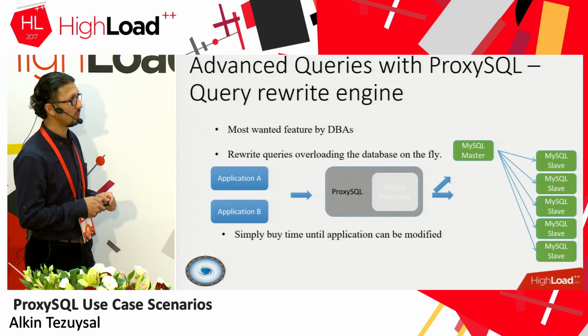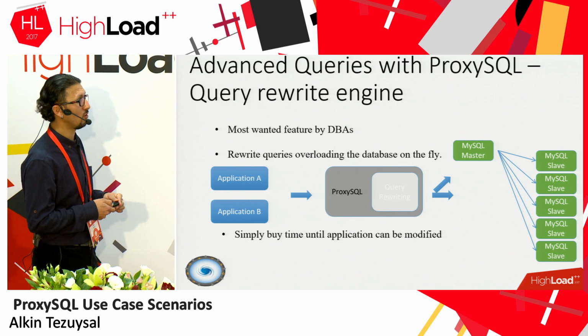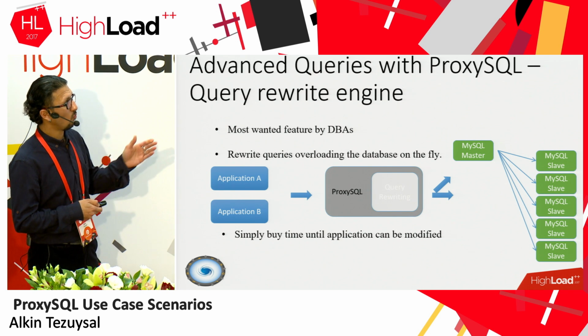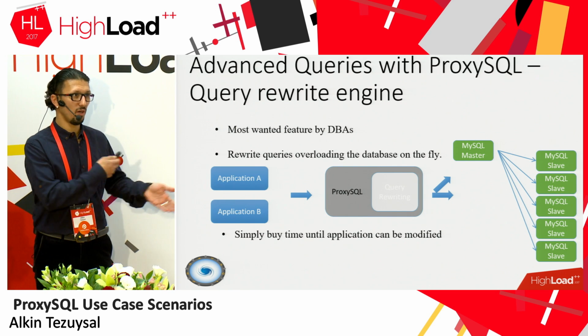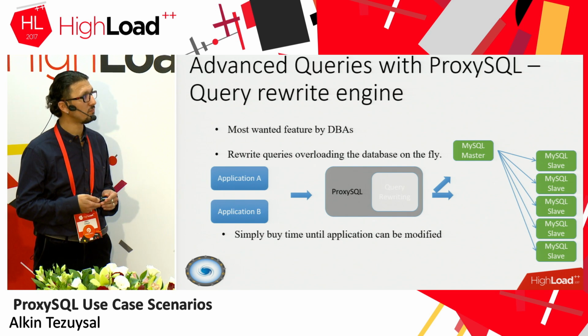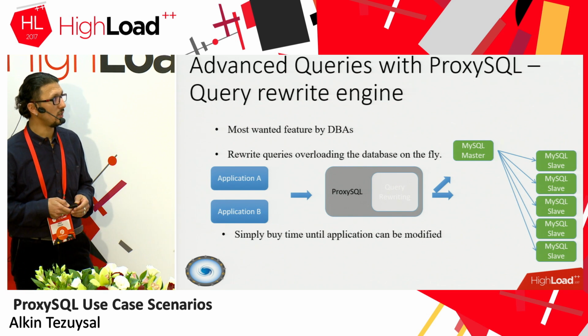When you ask development, can you change this query? It may take 3 weeks. You don't know. So basically, whatever query is coming, you can force an index, use better, optimized SQL. You could do that in ProxySQL.